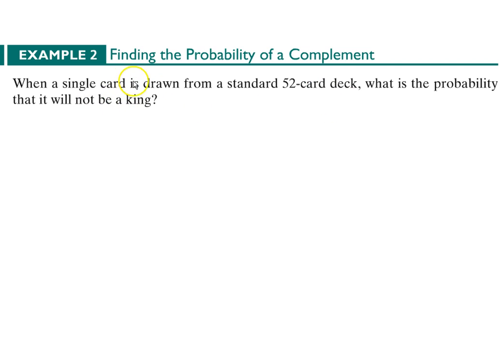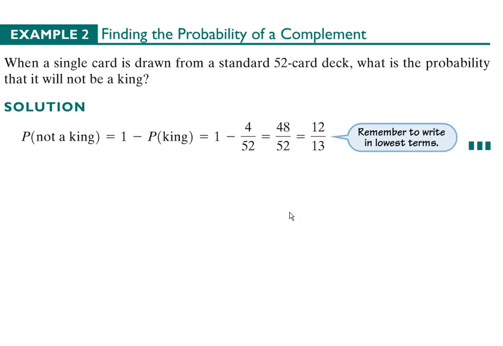And again, this is one we did in the PowerPoint slides. So take a moment, read it, and here is the answer. So this is straight just using the complement. Now remember, this 1 is 52 over 52.